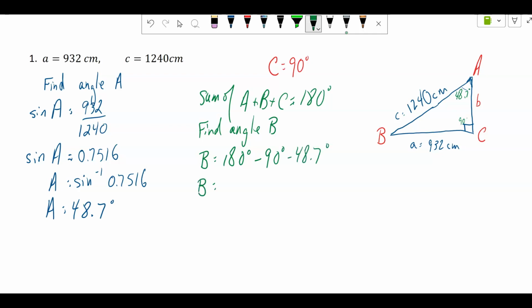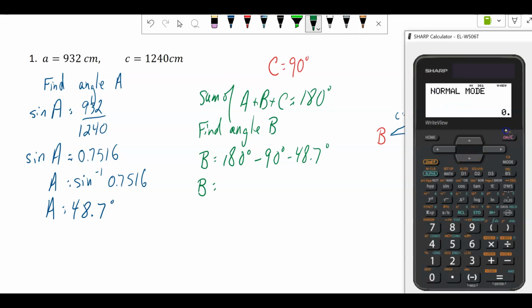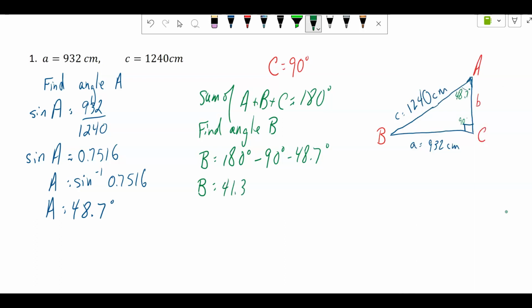So B is equal to 180 minus 90 minus 48.7, which is 41.3. All the angles must always add up to 180 degrees. And there they do. All right, 41.3 degrees. Now, we don't know side B.